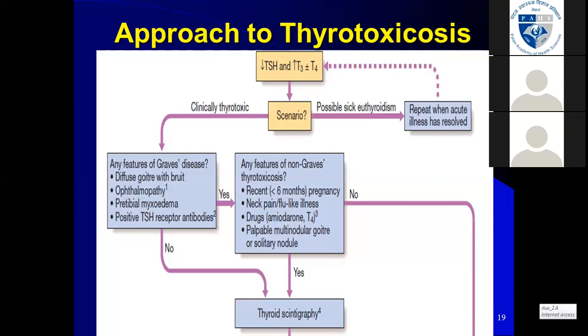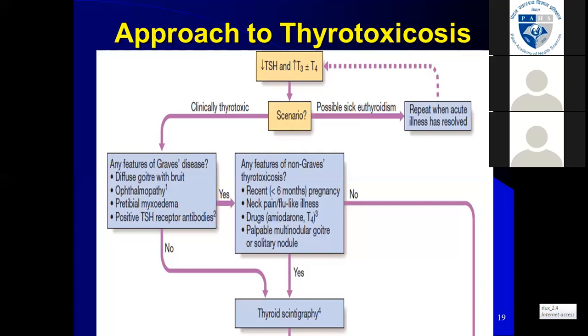So we should look for diffuse goiter with bruit or not. There could be ophthalmopathy. There could be dermopathy like pretibial myxedema, and there might be positive TSH receptor antibodies.